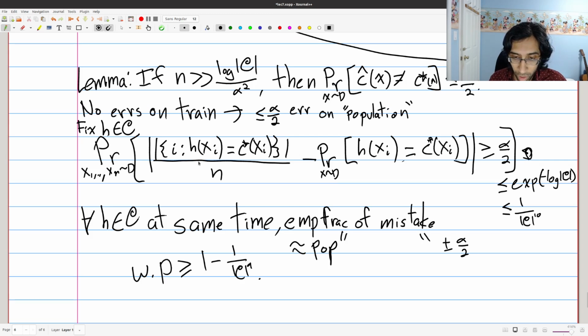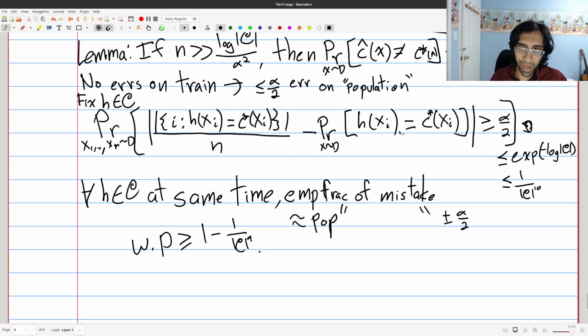We know there's at least one of these because the true function c star would get 0 error. Even if we get that one wrong and output anything else which has 0 empirical error, this inequality tells us that the true population fraction of errors it would make is at most alpha over 2.